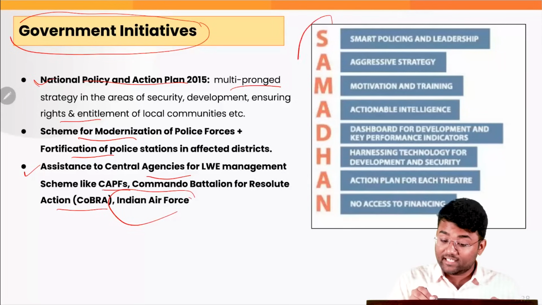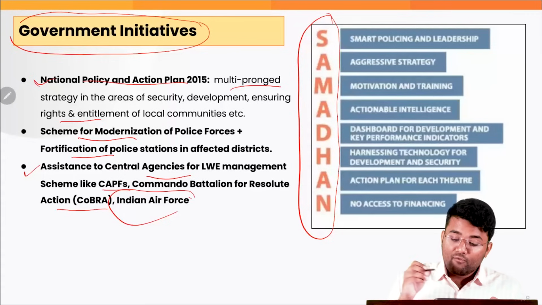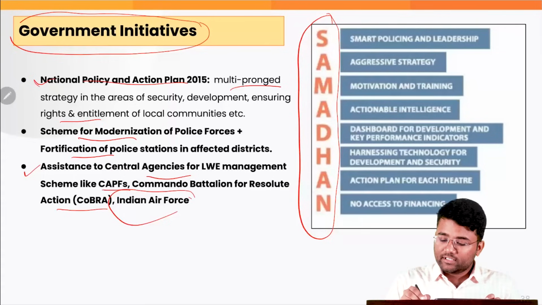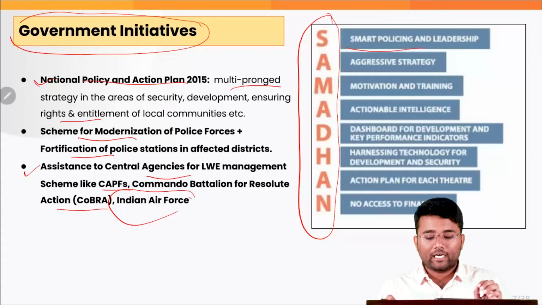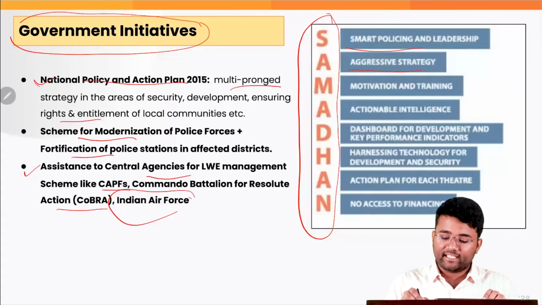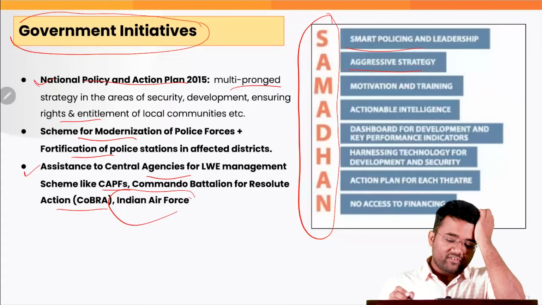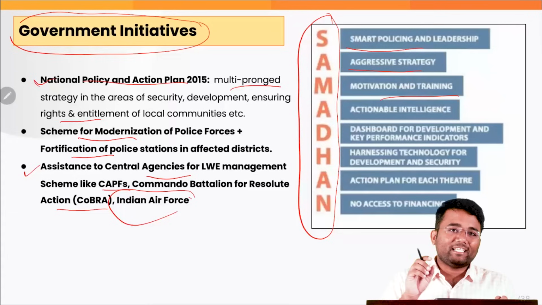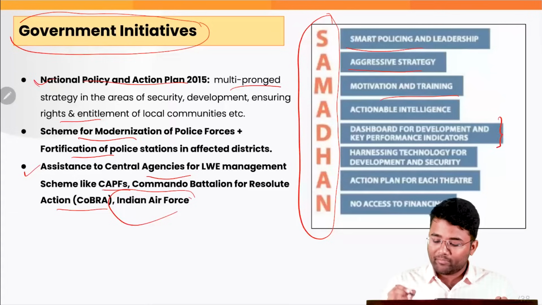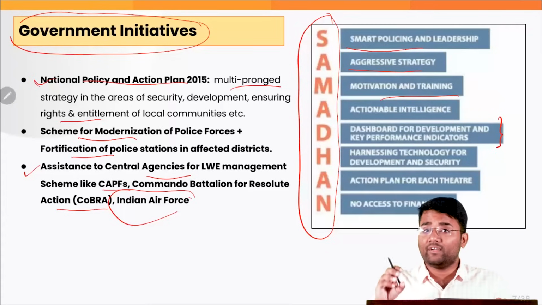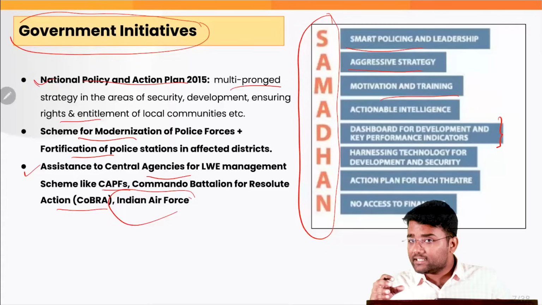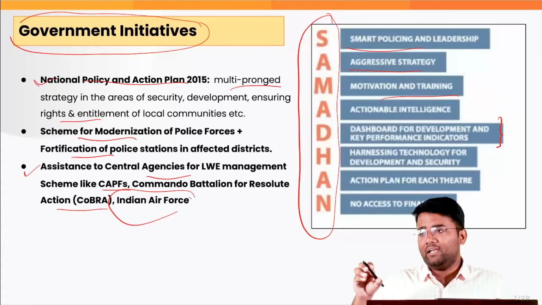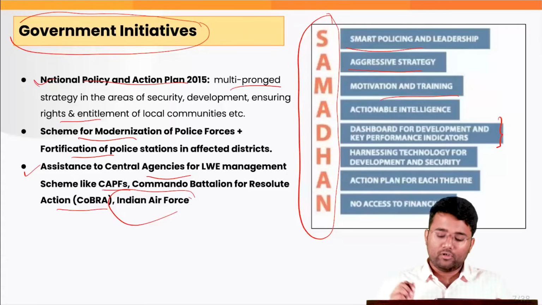Also, there is the SAMADHAN strategy that was evolved for addressing left-wing extremism properly. S stands for Smart Policing and Leadership, A for Aggressive Strategy, M for Motivation and Training, A for Actionable Intelligence, D for Dashboard for development and Key Performance Indicators, to check whether the schemes and measures run by the government are being properly implemented and whether the people are actually benefiting.